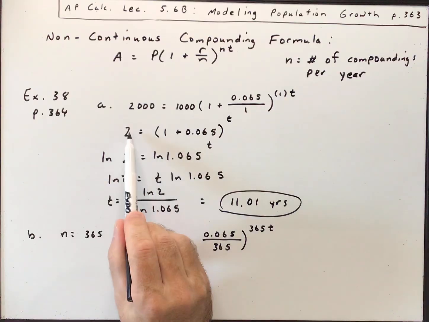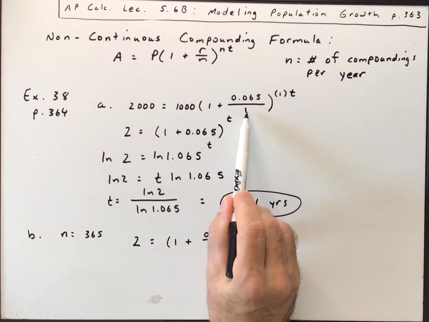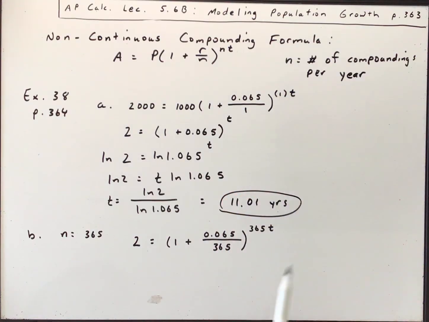I just skipped to the second line, because all of this would be the same, except it would be 365 and 365 here.